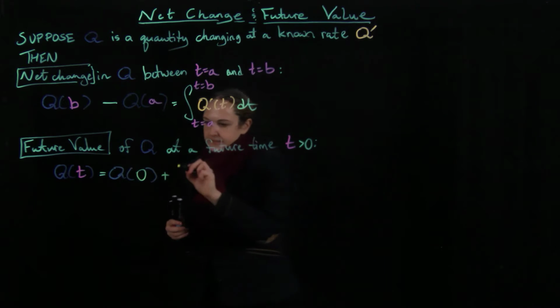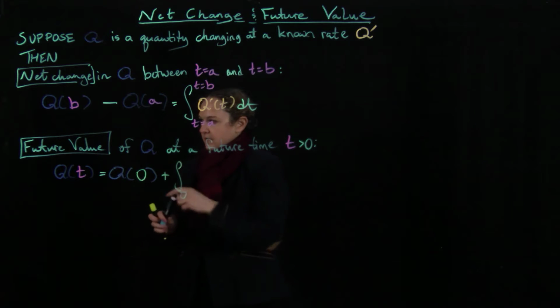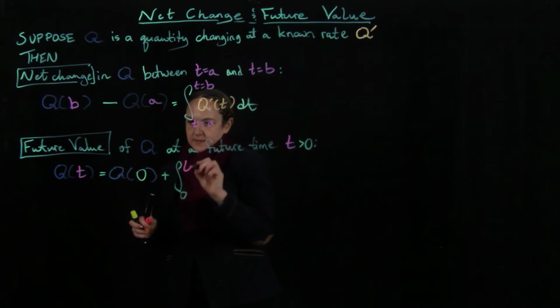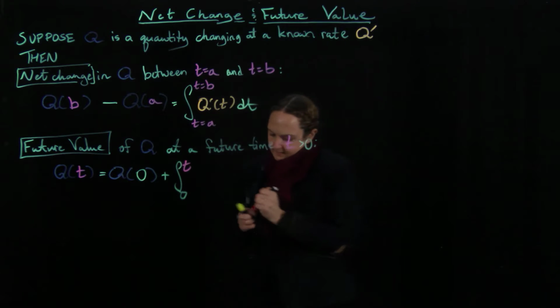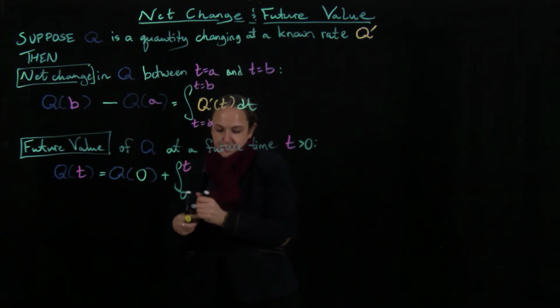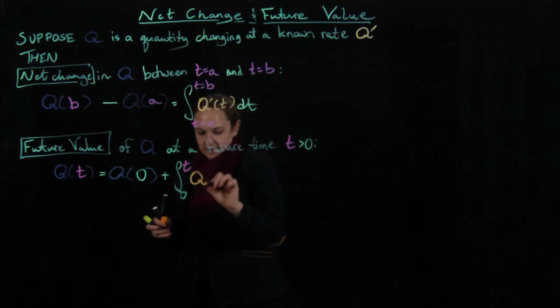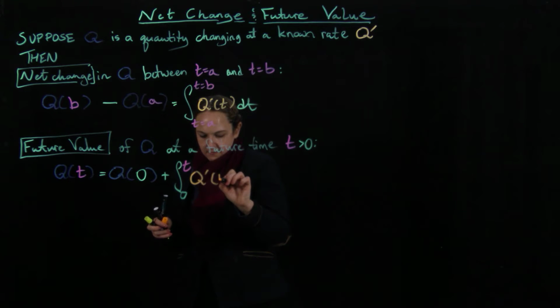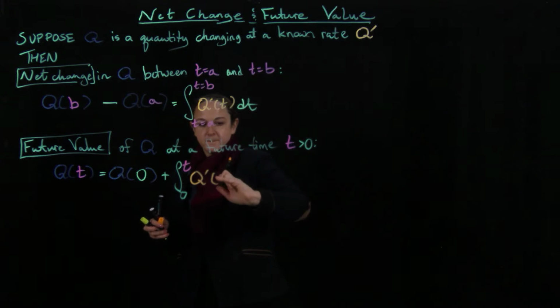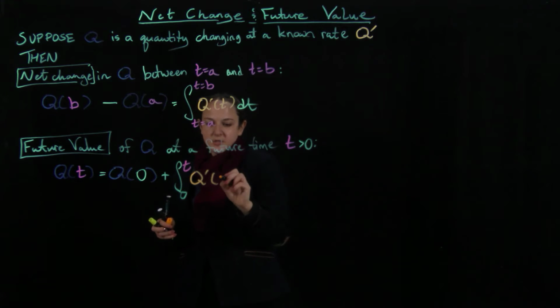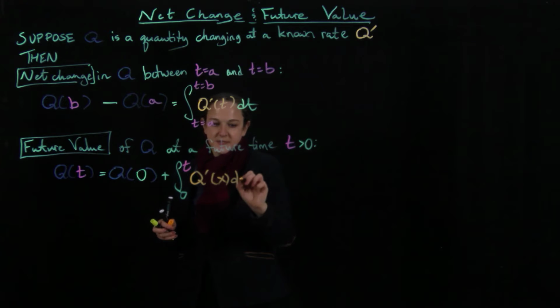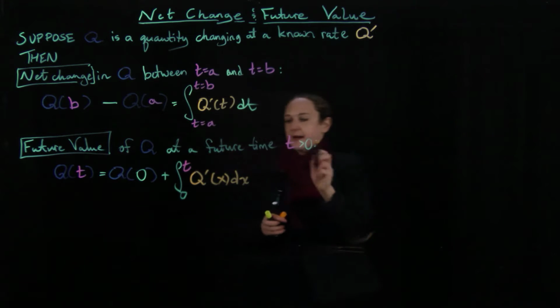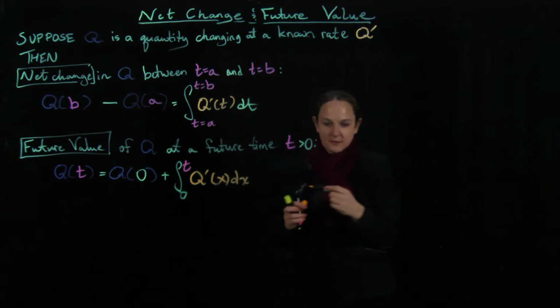Plus, and then I want to take the integral from 0 to T of this Q prime of x dx. I'm actually going to write this as x dx because we've fixed a time. So I don't want T to be my dummy variable anymore.